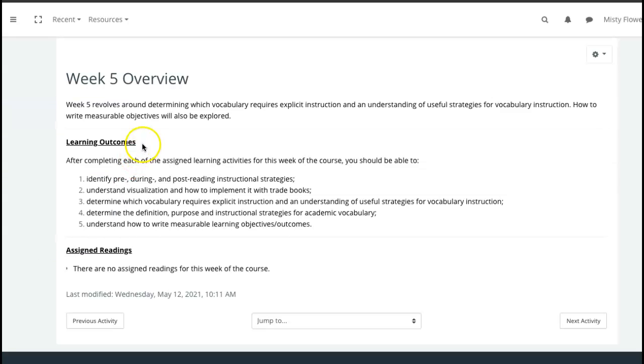Your learning outcomes for this week are to identify pre, during, and post-reading instructional strategies, understand visualization and how to implement it with trade books, determine which vocabulary requires explicit instruction and an understanding of useful strategies for vocabulary instruction, determine the definition, purpose, and instructional strategies for academic vocabulary, and understand how to write measurable learning objectives and/or outcomes.